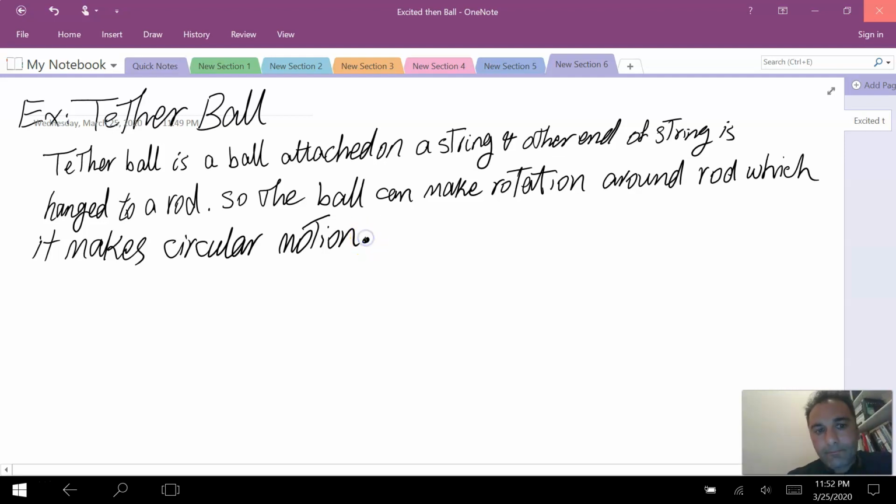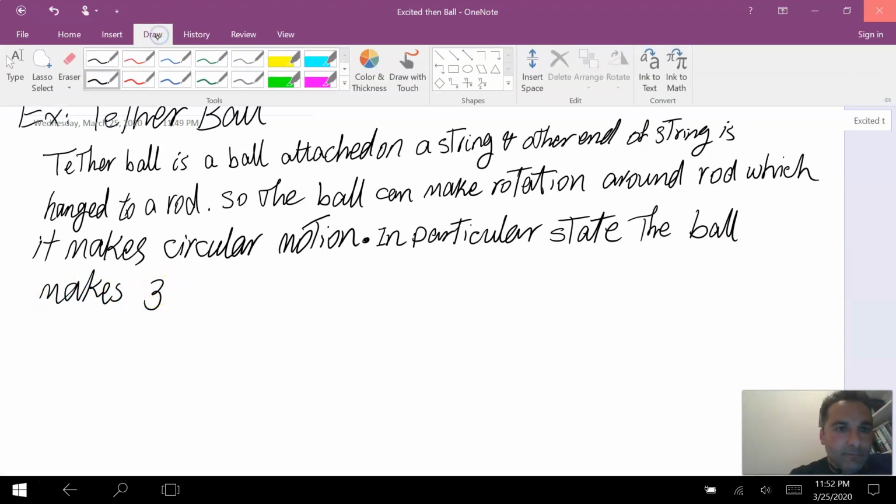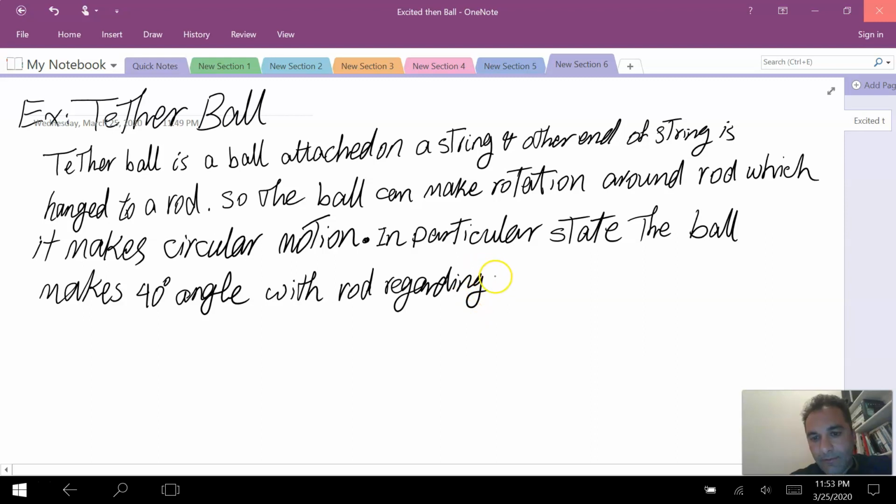So in a particular state, let's say, the ball makes, sorry, let's say 40 degrees angle with the rod, regarding its string.